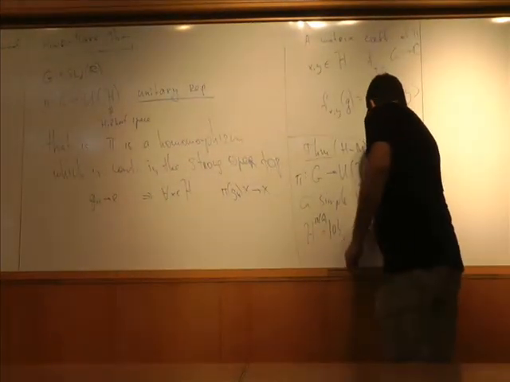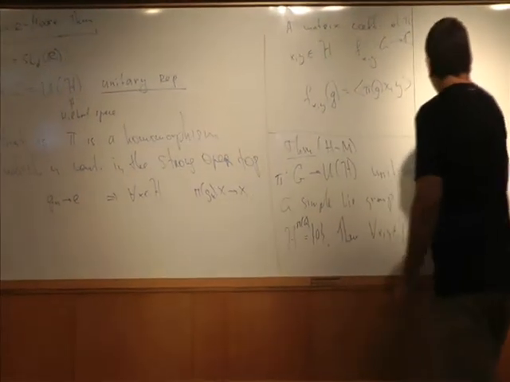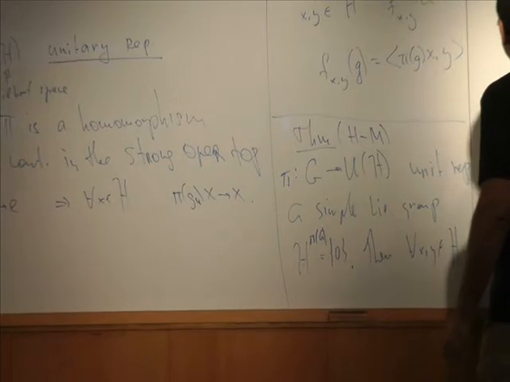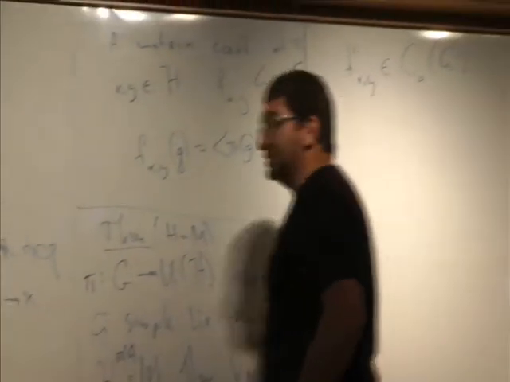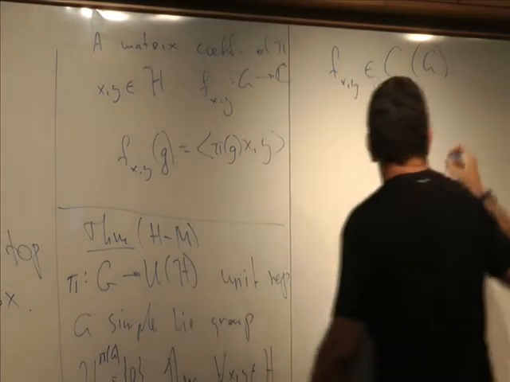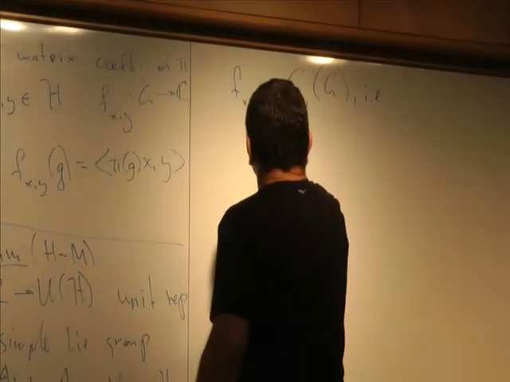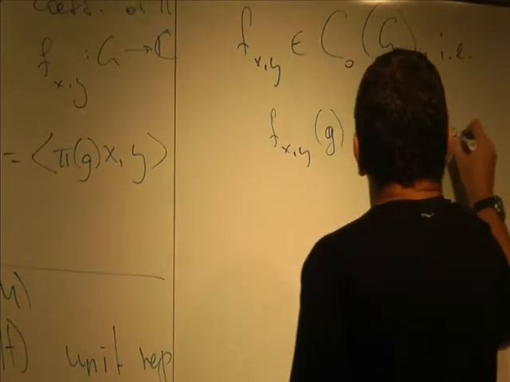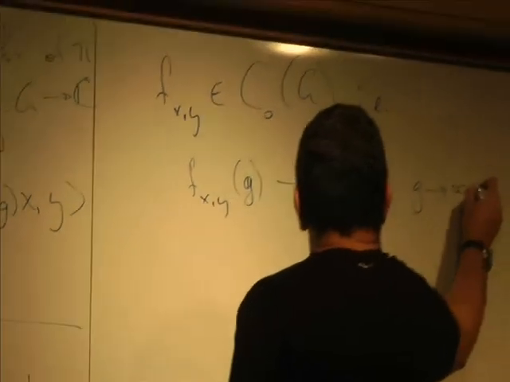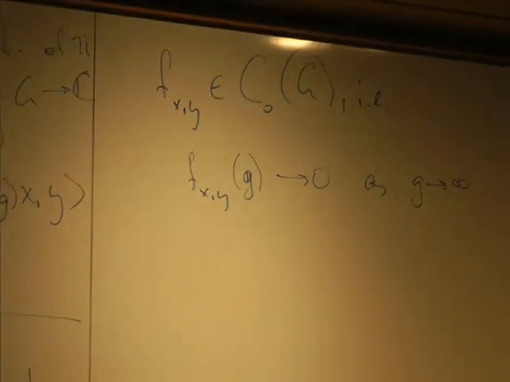So if this is the case, then for every x and y in H, the matrix coefficient is in C_0 of G, which means that f_{x,y}(g) goes to 0 as g goes to infinity. To go to infinity in a group like this means leaving compact sets.